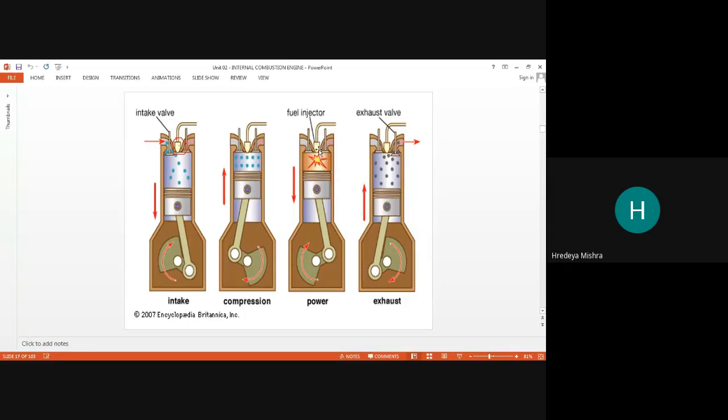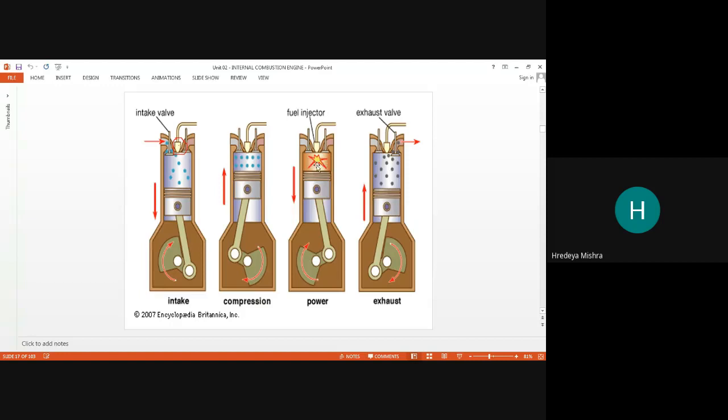Due to the high pressure, combustion starts and energy is released, and due to this energy the piston is moved down.